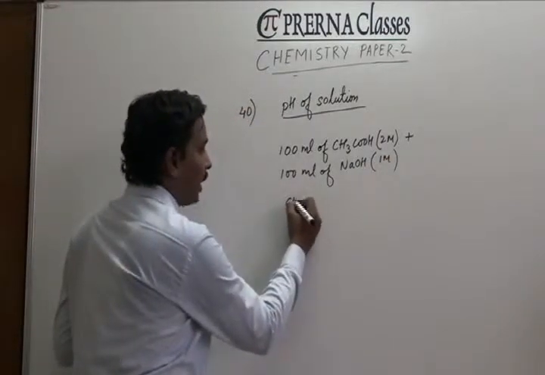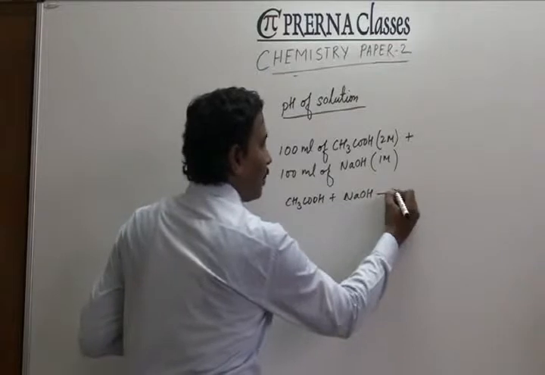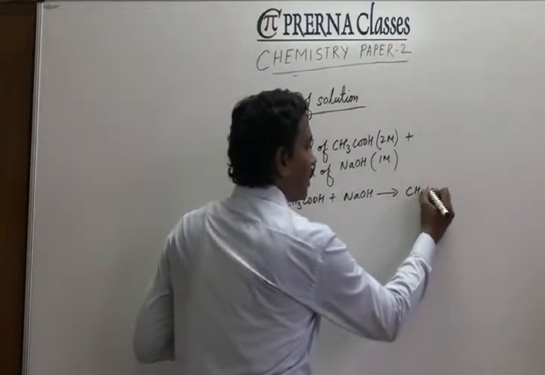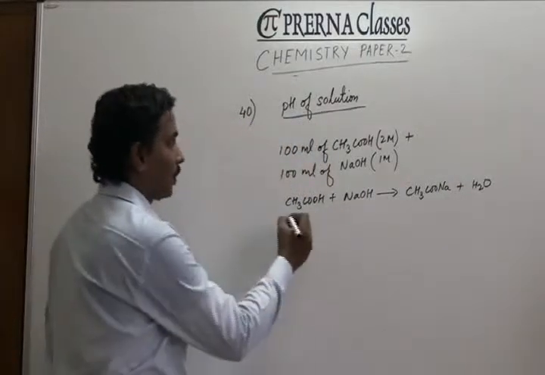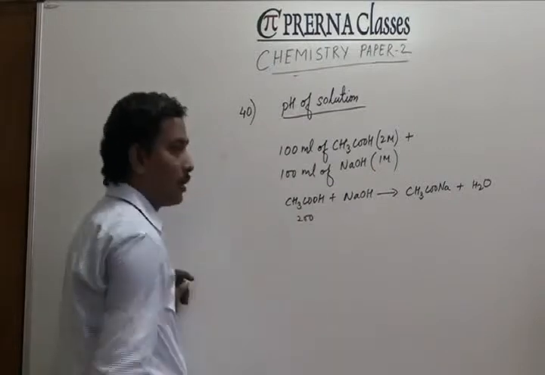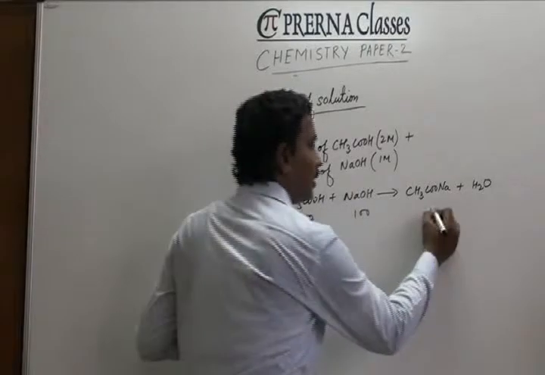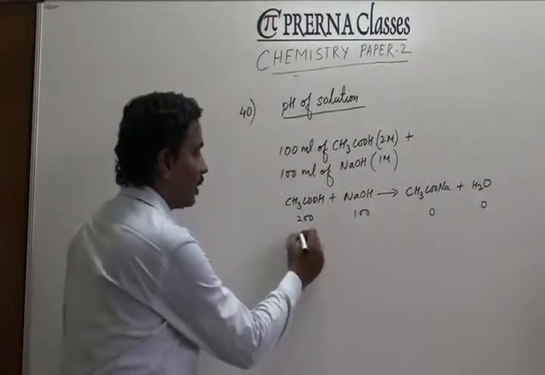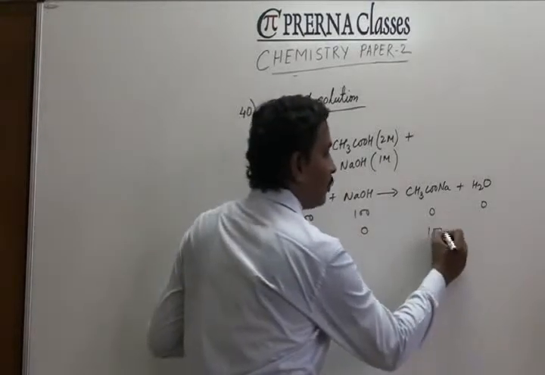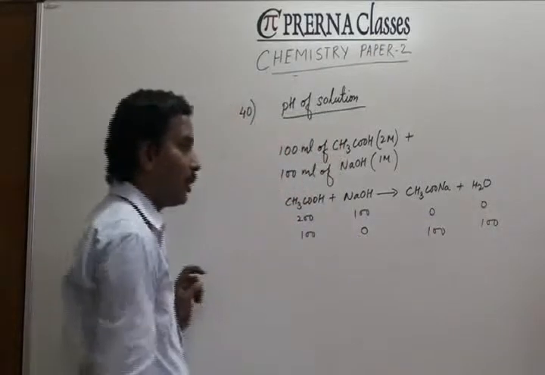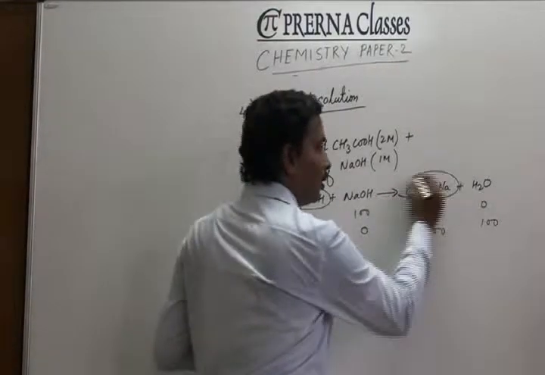Now if you consider the reaction, acetic acid plus NaOH, the product is salt, that is CH3COONa, plus H2O. 200 millimoles react with 100 millimoles of NaOH. At the final state, 100 millimoles of acetic acid remain, NaOH is 0, and there are 100 millimoles of salt and 100 millimoles of water. Now it is a buffer solution of weak acid and its salt.